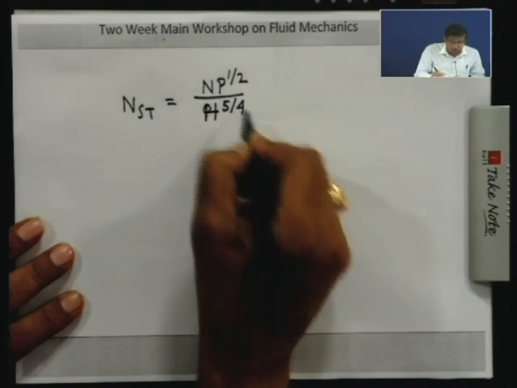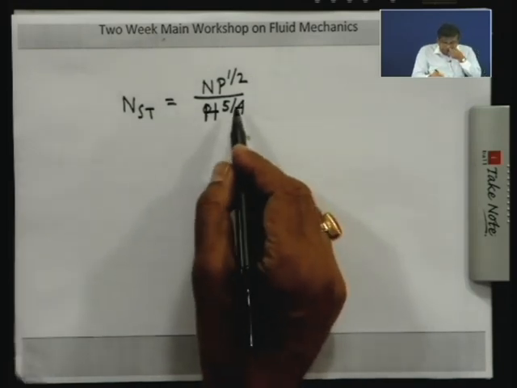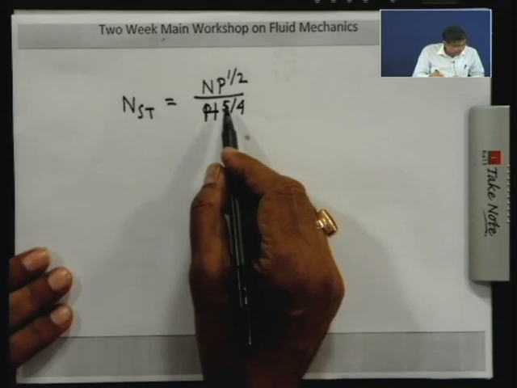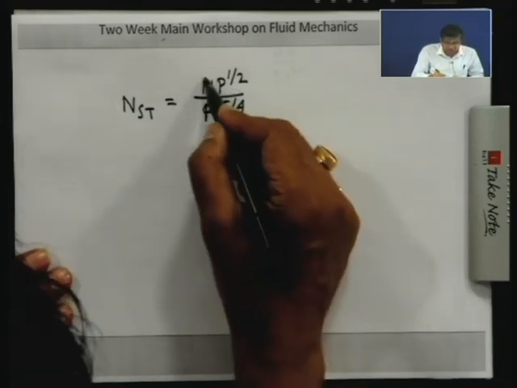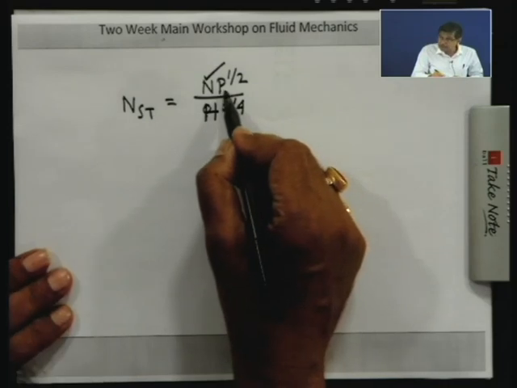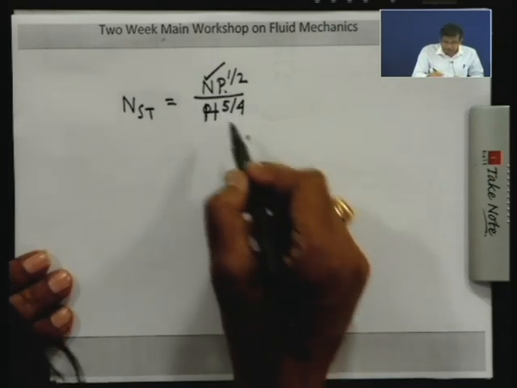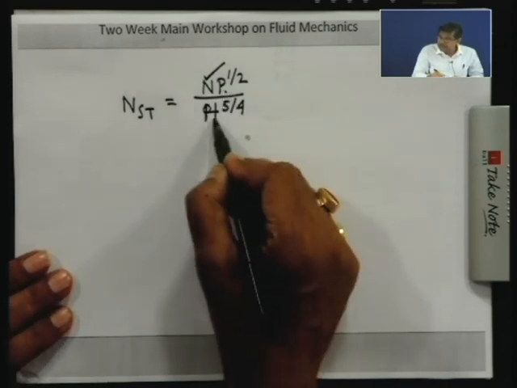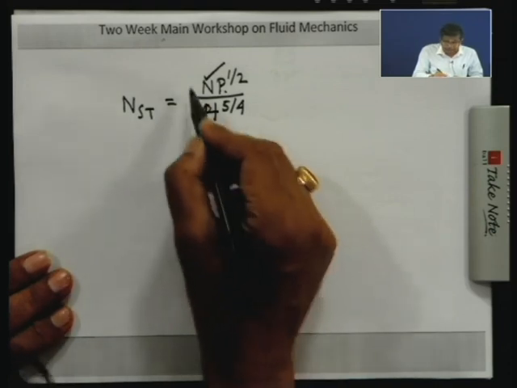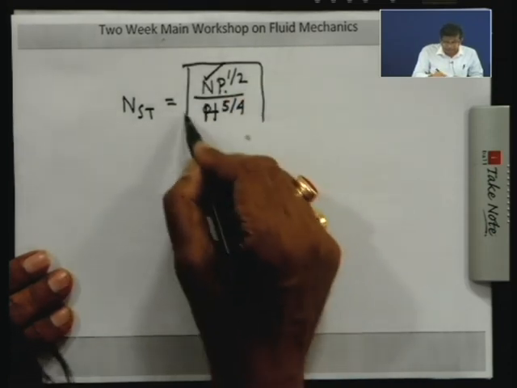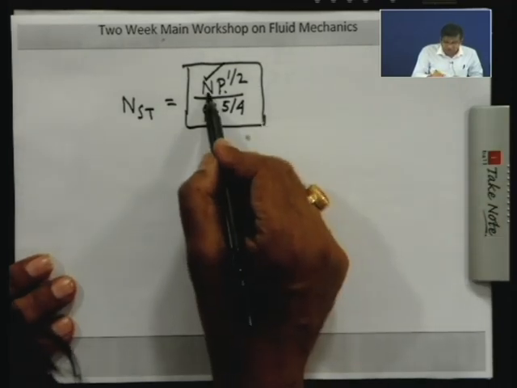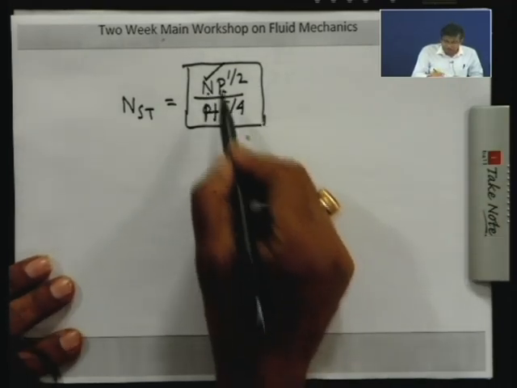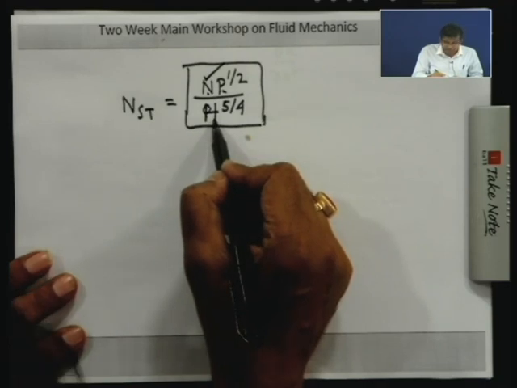First of all this is rotational speed, this is the power developed by this turbine, and this is H, head available at the turbine. You have to understand the nomenclature, that is very important. Specific speed was defined earlier also, last class I told: rotational speed, power developed by the turbine and head at the inlet to the turbine.